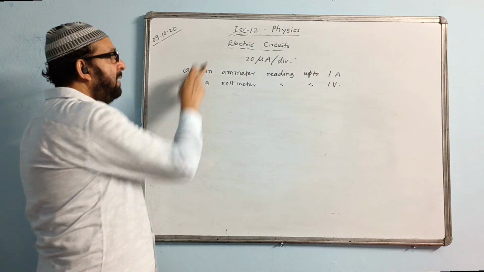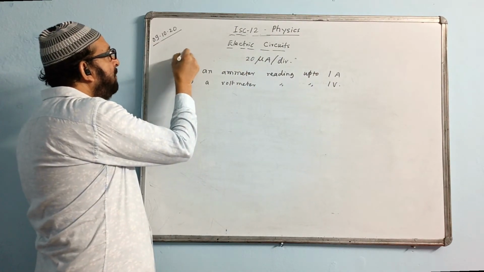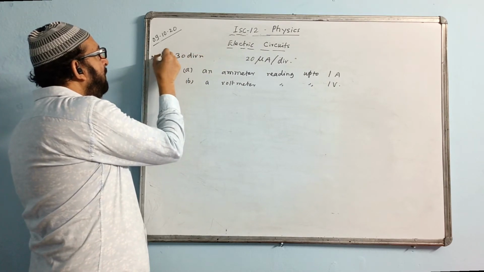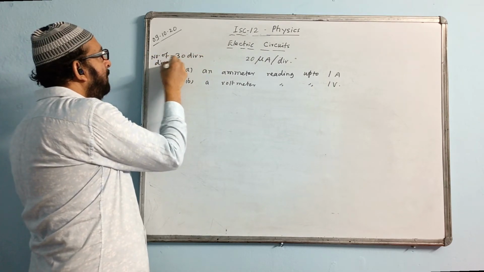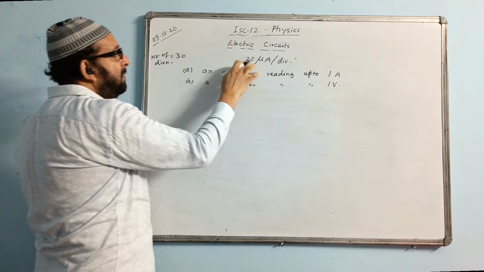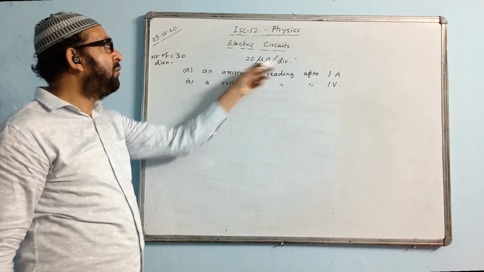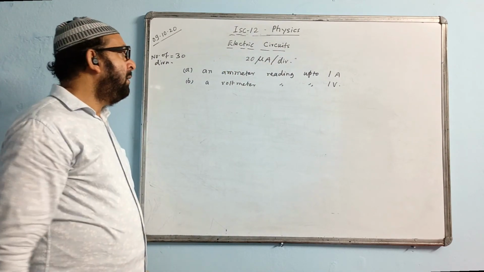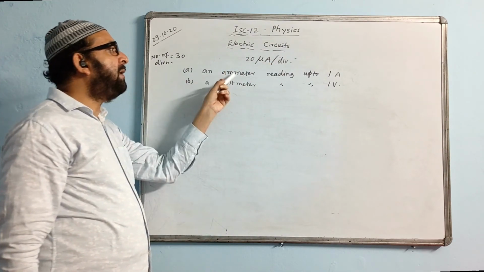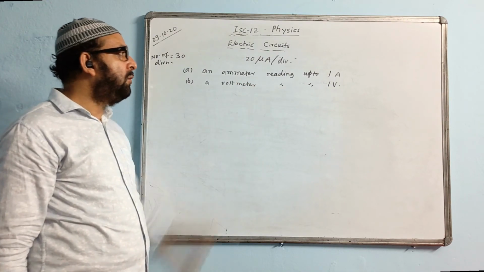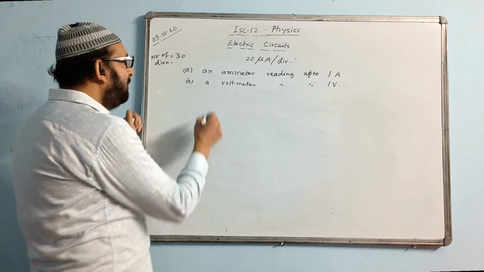The galvanometer has 30 divisions, and sensitivity is 20 microampere per division. You are going to change it into an ammeter first, which can read up to 1 ampere, and into a voltmeter up to 1 volt. First we draw the diagram.